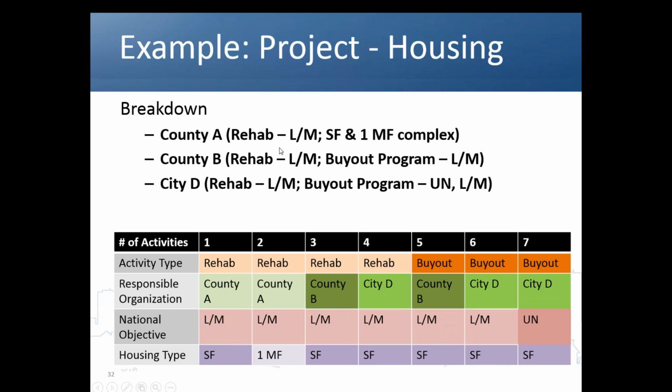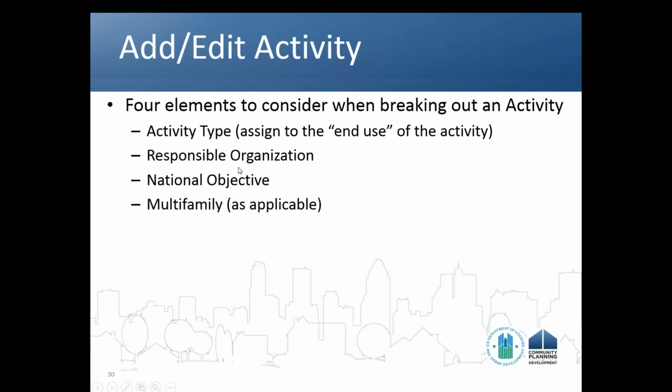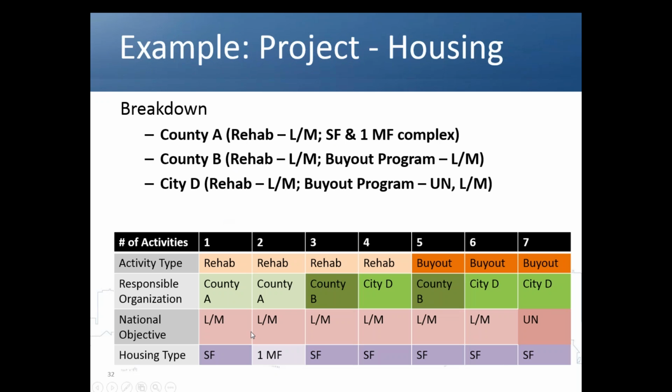But we also know, if we look at our breakdown, that all of these rehab programs are meeting the low mod benefit for our national objective. But we also know, if we know County A's program, which again, program staff should know, is that they're going to be meeting both single-family properties as well as a multifamily. If you remember, we go back to the elements that you have to think about for add activity. Multifamily needs its own breakout.